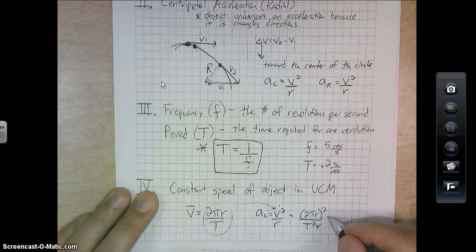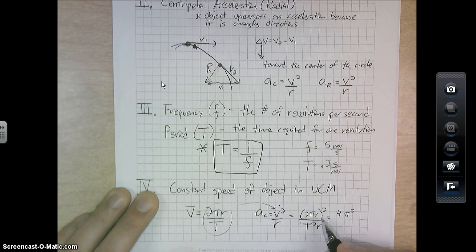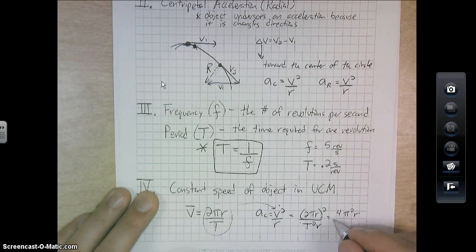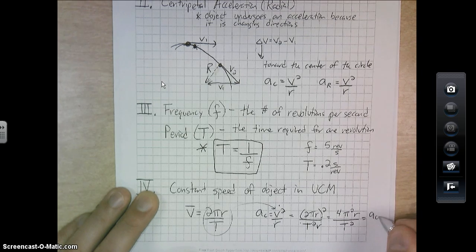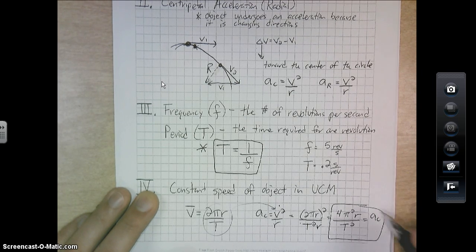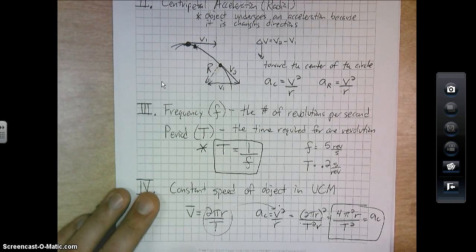Well, then that would give us 4 pi squared. The r squared and one r on the bottom leaves r on the top with T squared on the bottom. So this might be a useful little connection for problem solving.